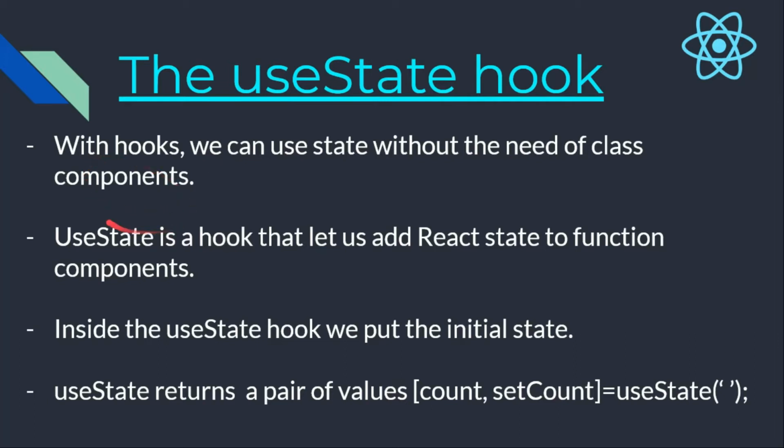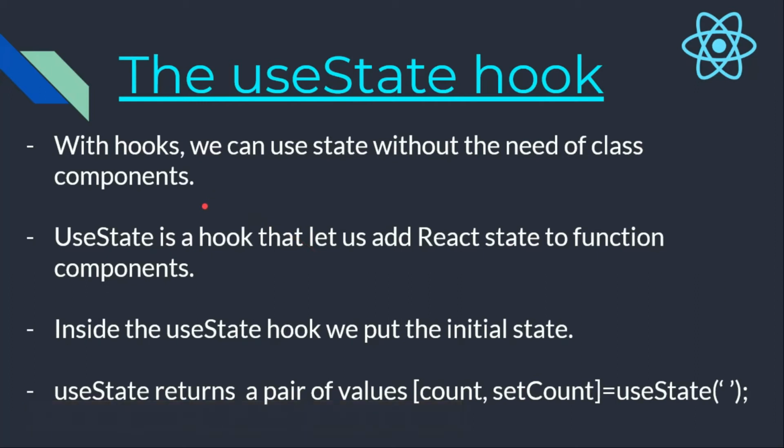Now let's talk about the useState. With hooks we can use state without the need of class components. This is very powerful. useState is a hook that lets us add React state to function components, to functional components, I mean. So inside the useState hook we put the initial state.